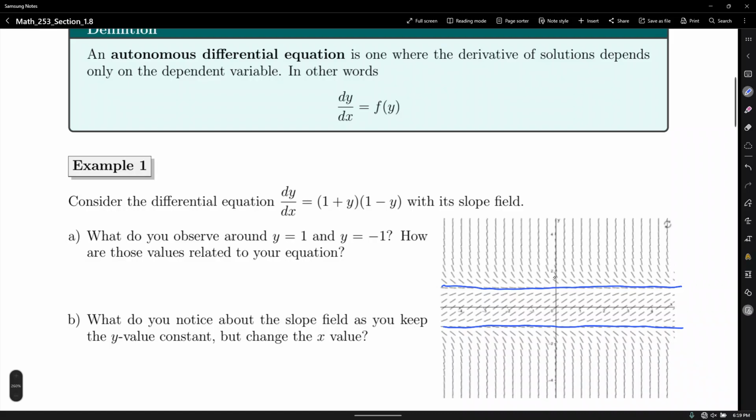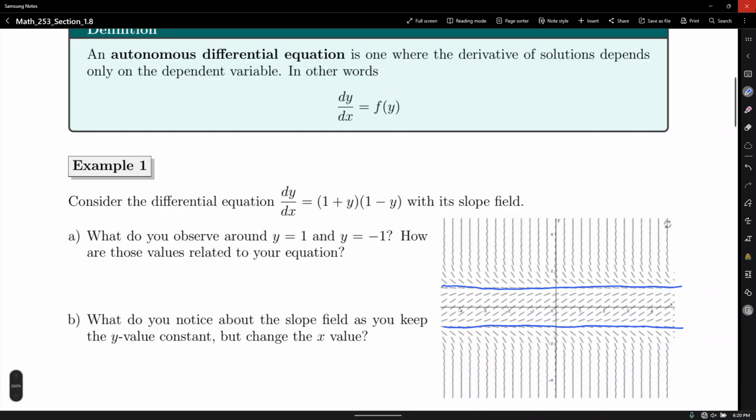Also, for functions from the top of this line y equals 1, we have decreasing functions with slopes that converge to this asymptote. Now, what about at y equals negative 1? In this case we have something slightly different.